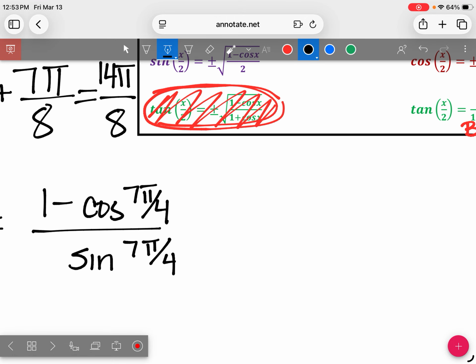Let's go to our unit circle and figure out what is the cosine of 7 pi over 4 and the sine of 7 pi over 4. So looking at your unit circle, what is the cosine of 7 pi over 4 and the sine of 7 pi over 4?